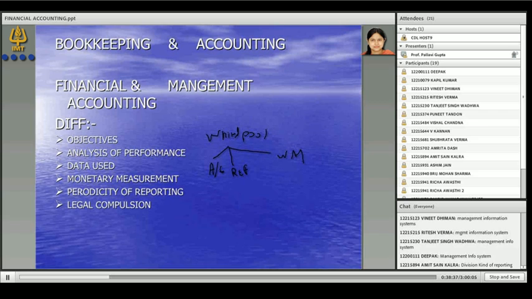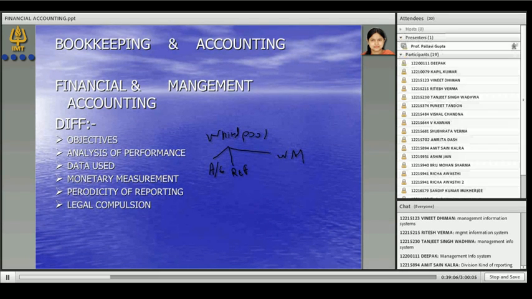When the financial accounts for Whirlpool are presented, they would be presented for Whirlpool as a whole, including ACs, refrigerators, and washing machines. While if management accounts are prepared, they may be prepared for a particular AC division. There is no compulsion that they be prepared for the AC division, refrigerator division, washing machine division and all. It is according to the desire of the management; if they want reporting for the refrigerator division, they can have it.